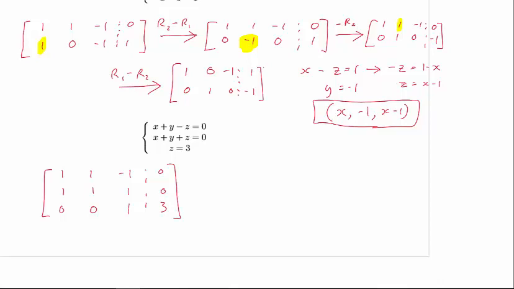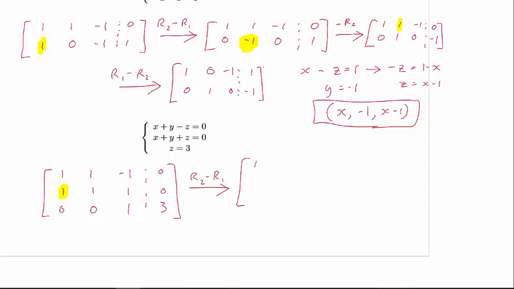Okay, so this one's nice because we already have a value for our z, so we're going to go ahead and try and eliminate that element there. We're going to do this with the following operation. We're going to replace row 2 with row 2 minus row 1.